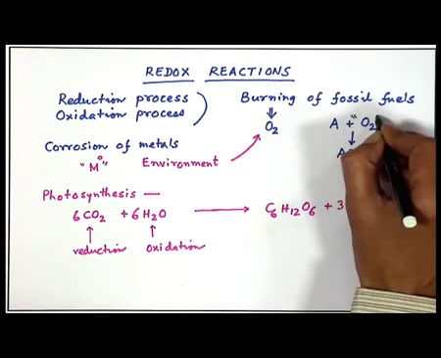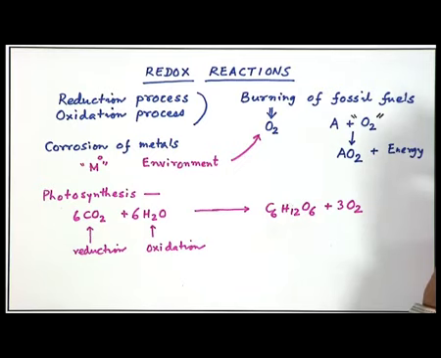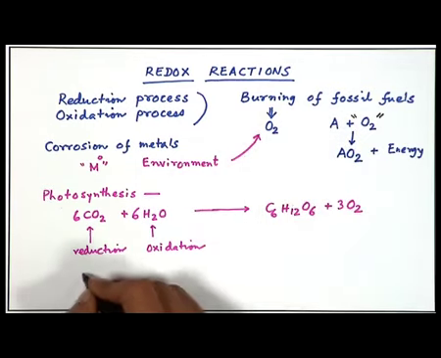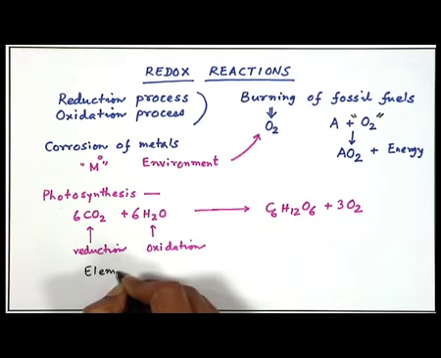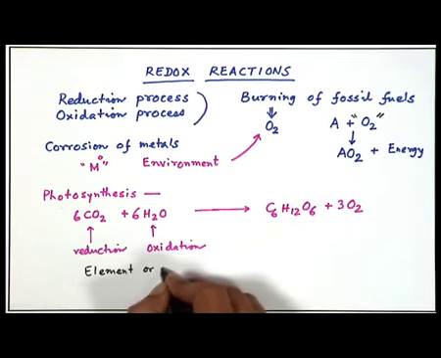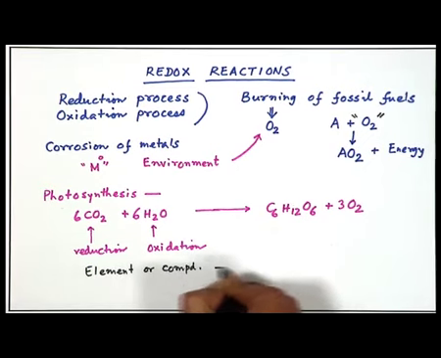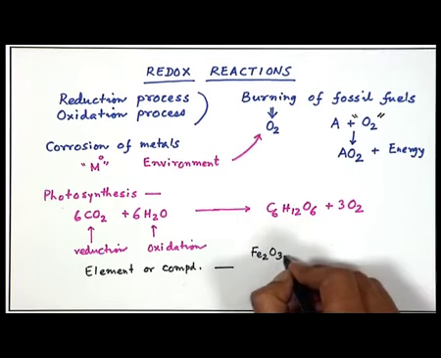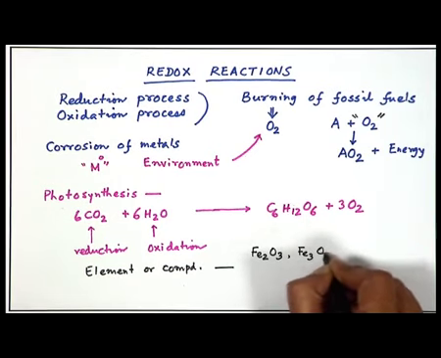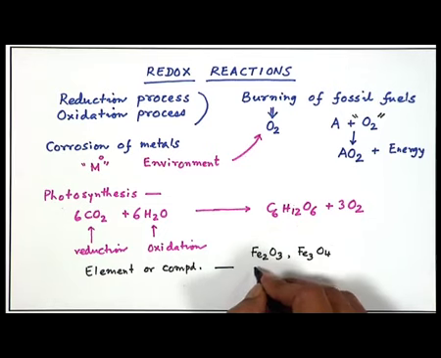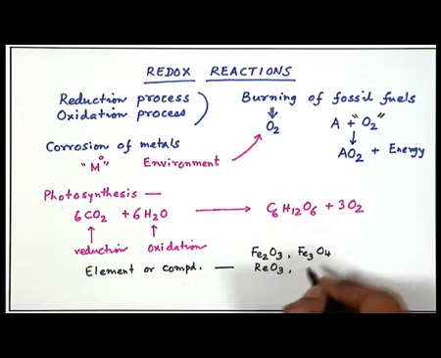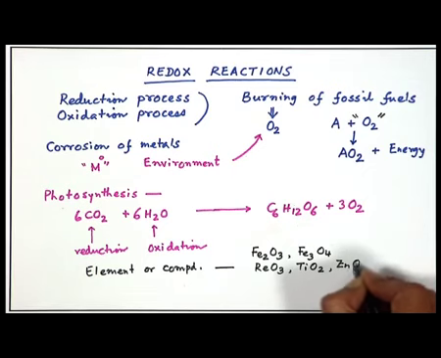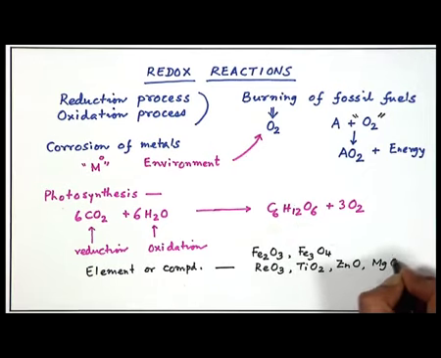If we come back here, the addition of O2 to A gives AO or AO2 type of species. Anywhere this O2 is added to an element or compound, we can get species such as Fe2O3, Fe3O4 or other metal oxides like ReO3, titanium dioxide, zinc oxide, and magnesium oxide.